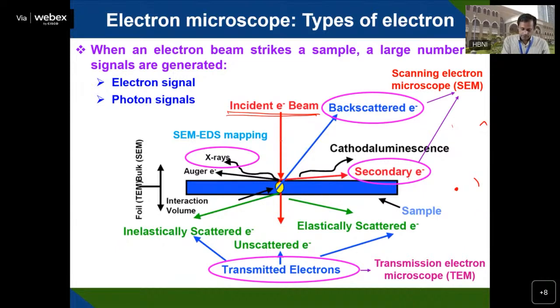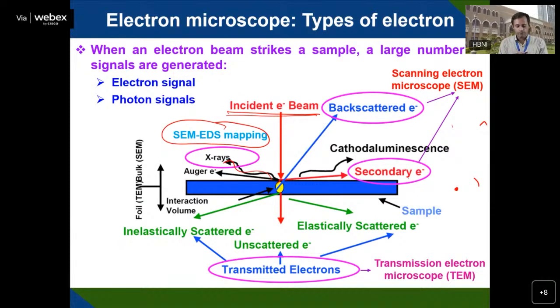During the interaction of the electron with the metal, X-rays can be produced. Those can be fluorescence X-rays, which you can use with an SEM or TEM facility for EDS, energy dispersive spectroscopy.